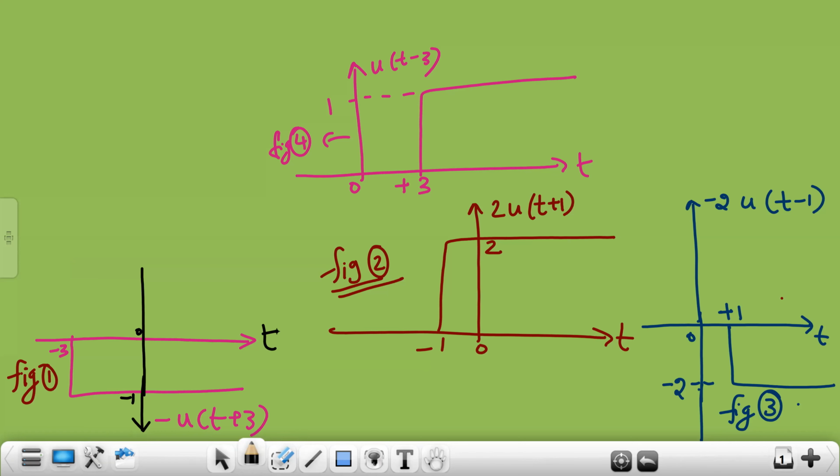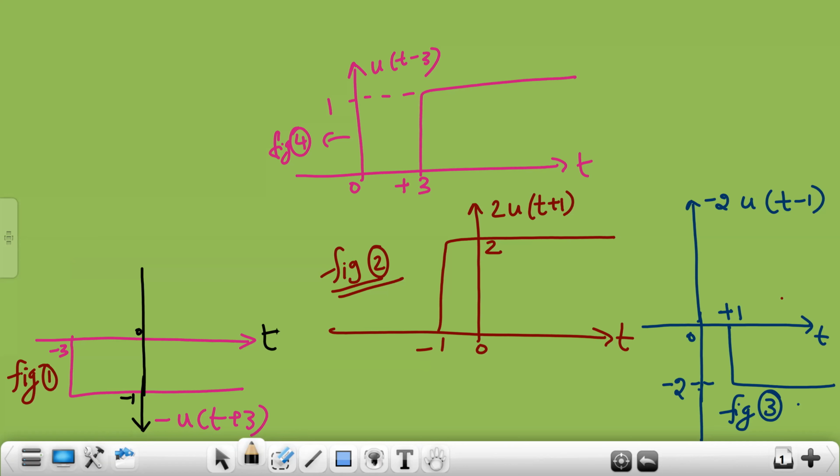So after drawing the 4 figures, now we are going to add all these results to get our final answer. So how we need to perform this? From which time we need to start?